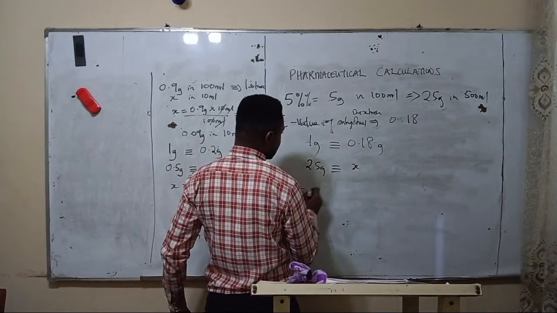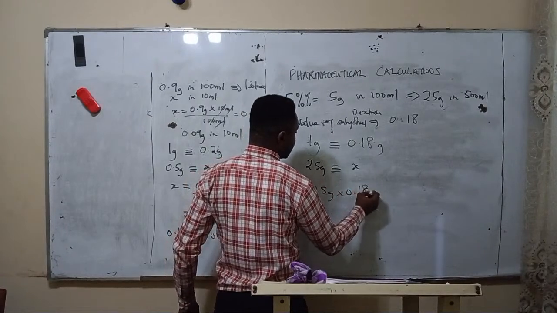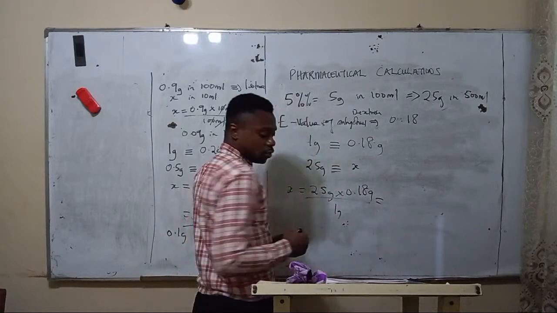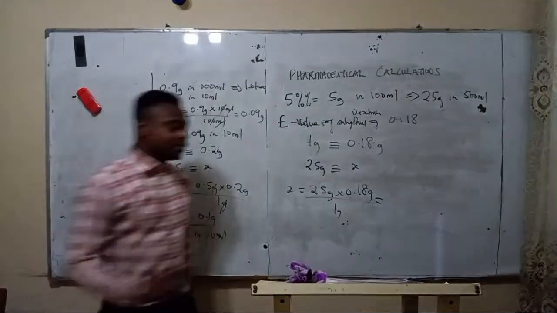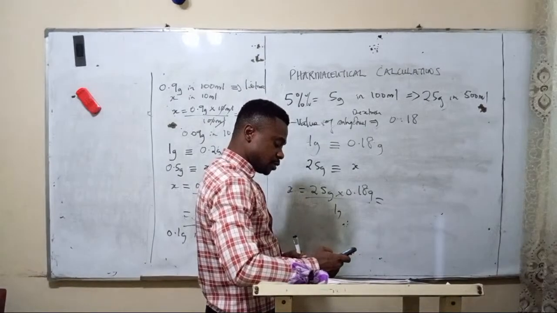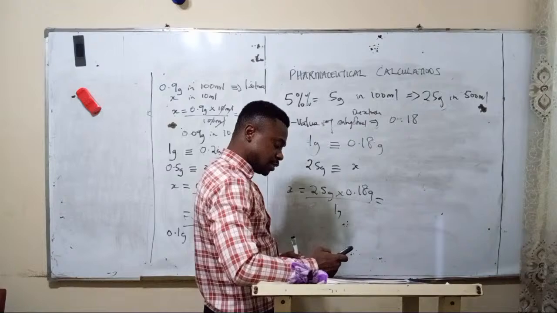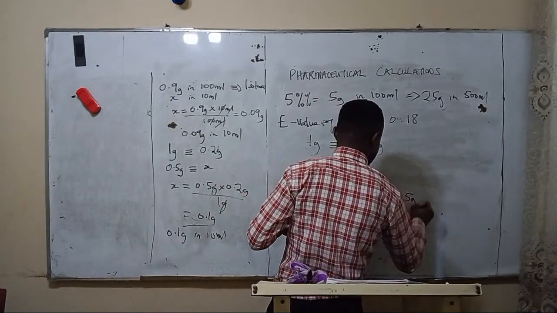We call it X. X is equal to 25 gram times 0.18 gram over 1 gram. 25 times 0.18 is 4.5 grams.